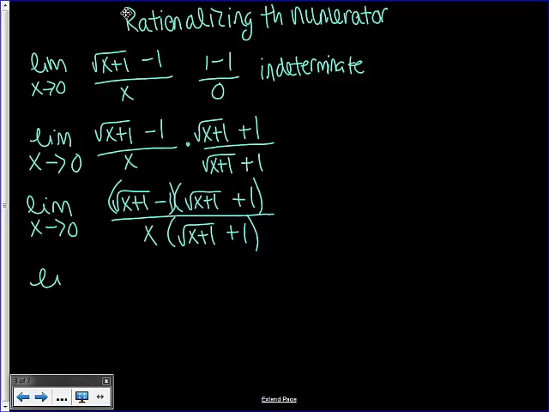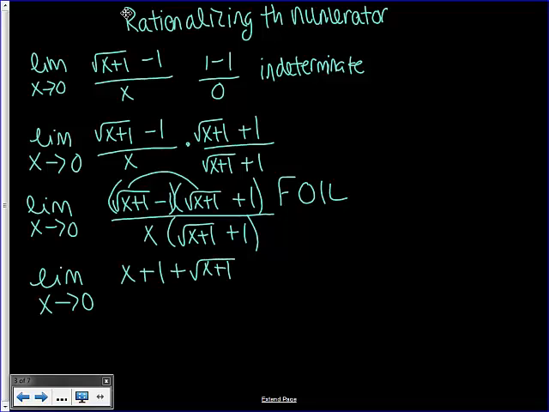So we have the limit as x approaches 0 of, well, the square root, again, we're going to FOIL on top here. The square root of x plus 1 times the square root of x plus 1, that's just x plus 1. Okay. Outer, square root of x plus 1 times 1 is positive square root x plus 1.